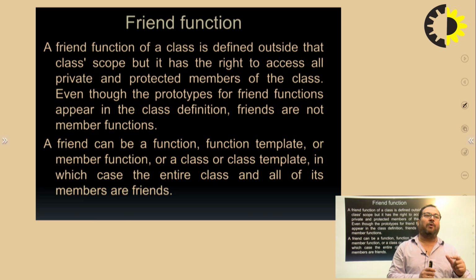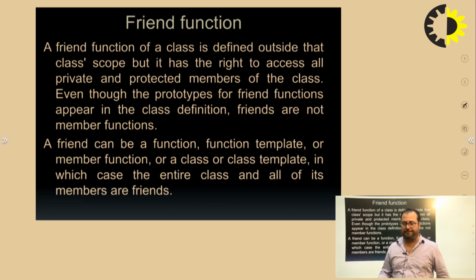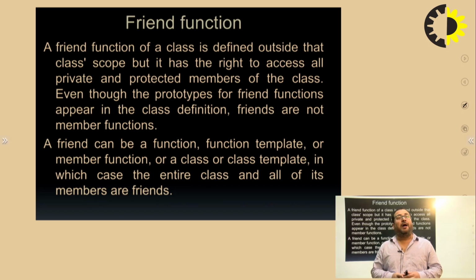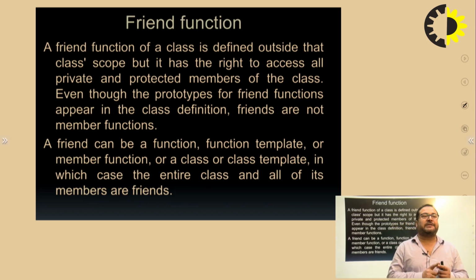Now member functions are allowed to access only the data which belongs to that class. This is a limitation, and you can say this is an advantage even, because by that the data becomes more secure. The encapsulation feature comes in. So a function defined inside the class cannot access the data of some other class.